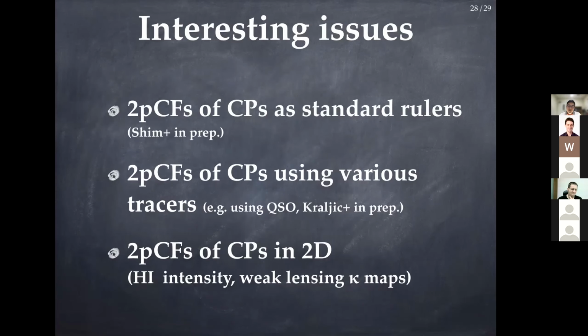And another direction is to actually measure these clustering properties using the observational data, like using emission line galaxies or luminous red galaxies from DESI, or you can also use Lyman alpha forest or quasars at higher redshifts.